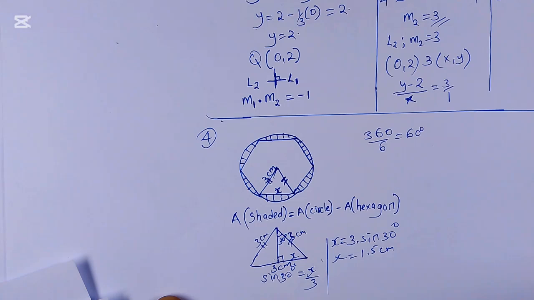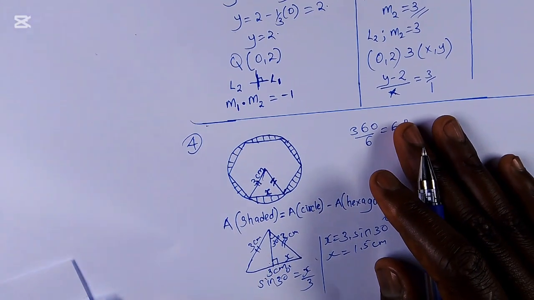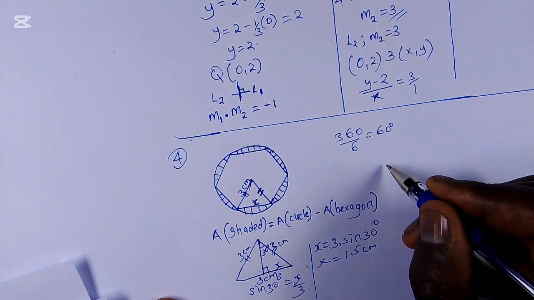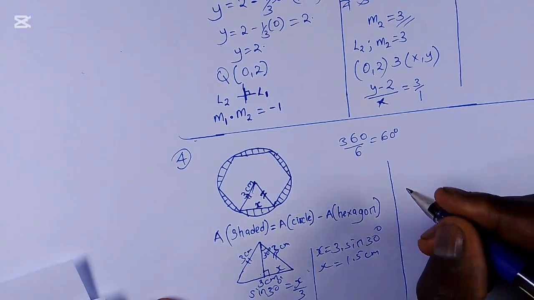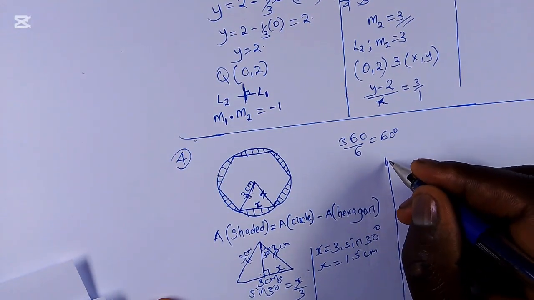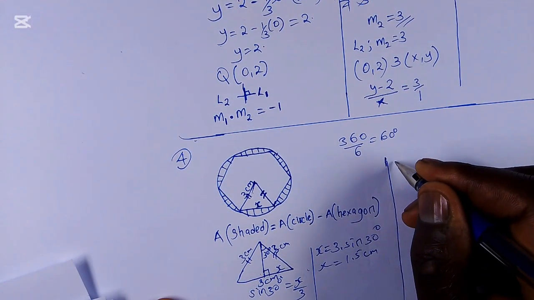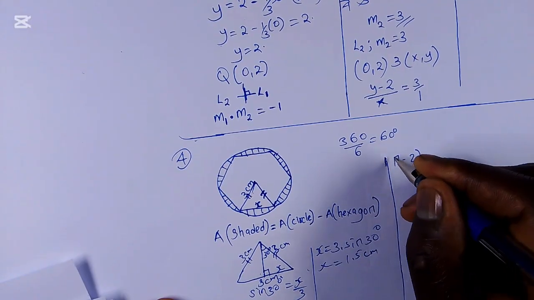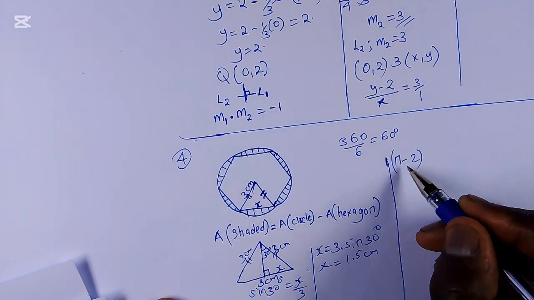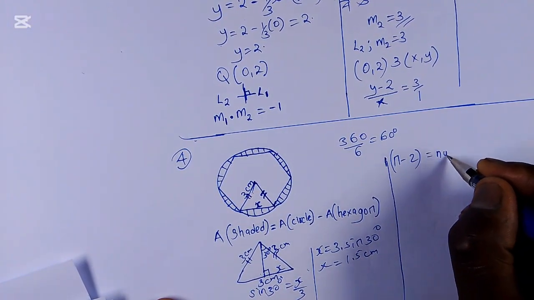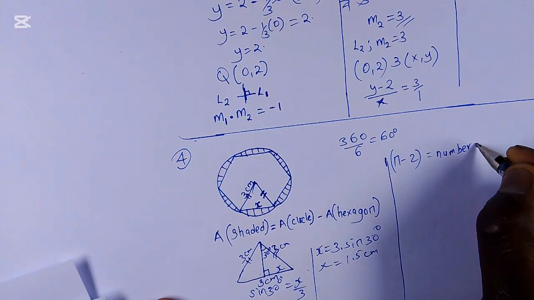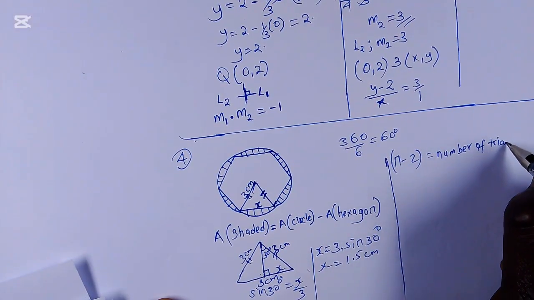For us to find the area of the triangles, we determine the number of triangles in the hexagon, which will be n minus 2, where n is the number of sides.